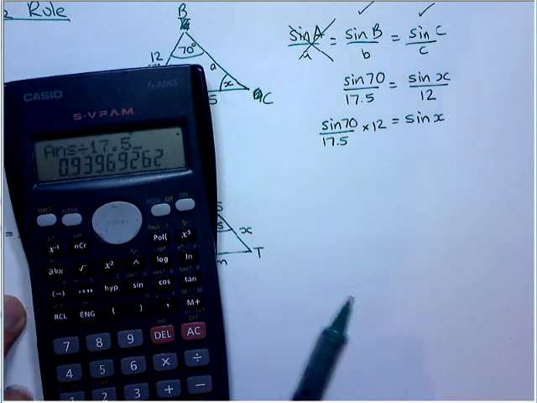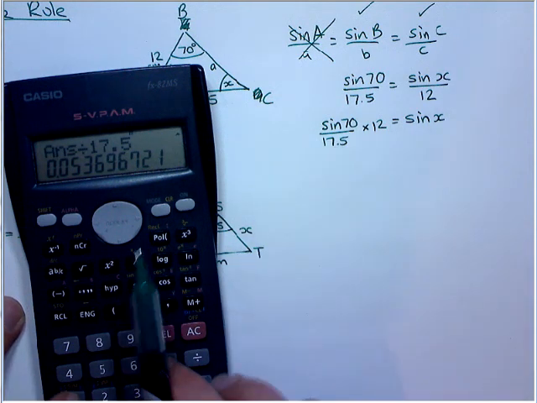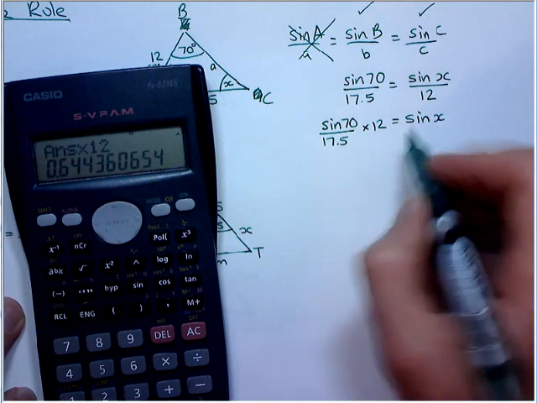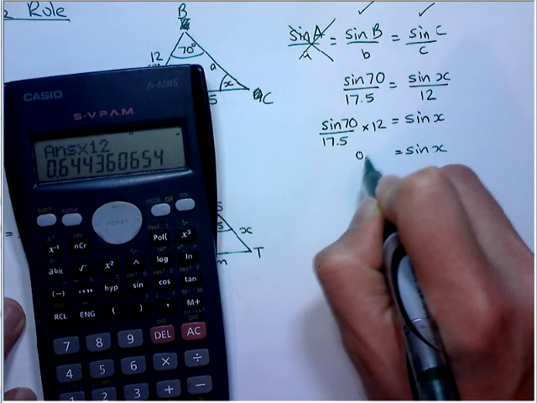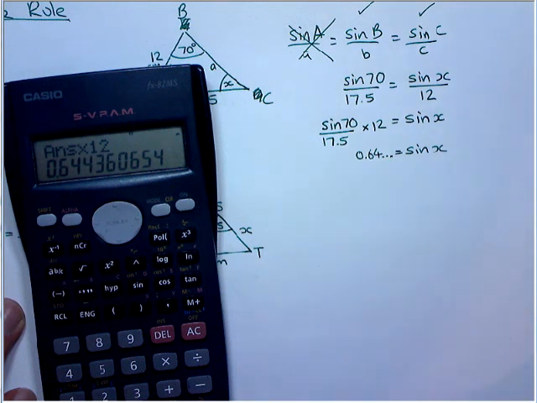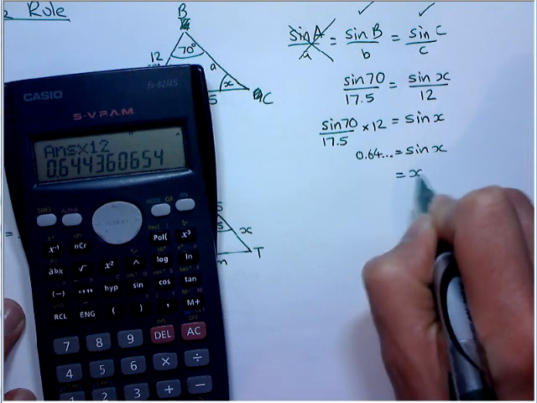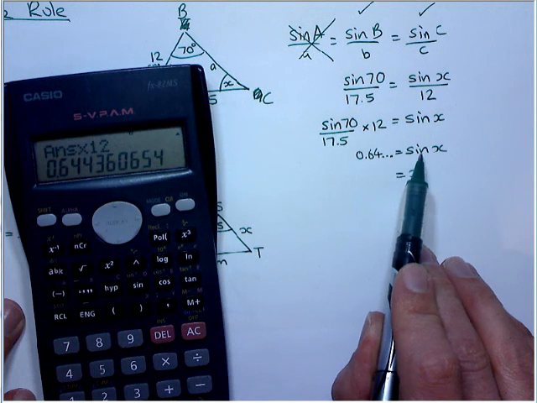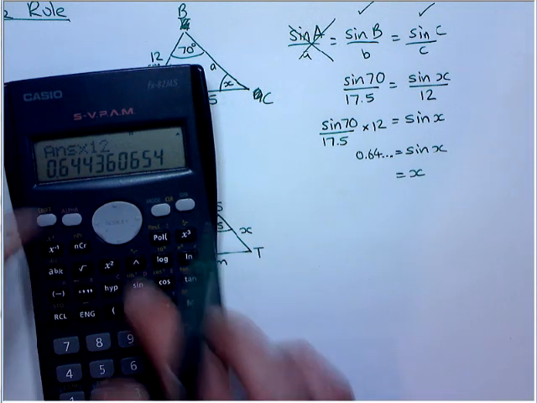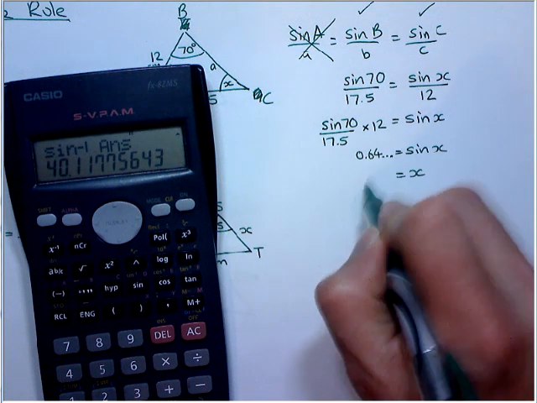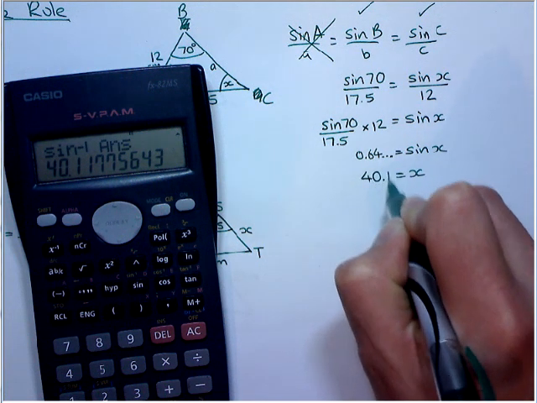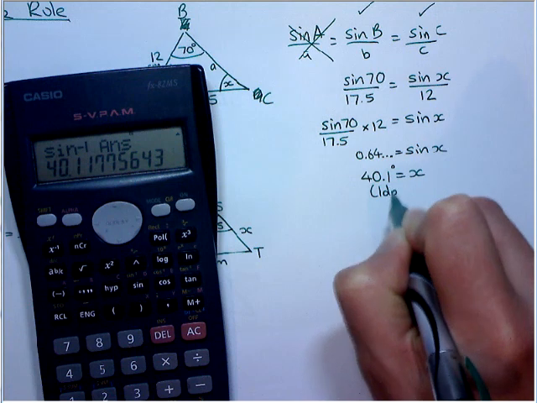Divided by 17.5, hit equals again, and then I'm going to times that by 12. So my sine of X is 0.64 and so on. Again I need to get X on its own, so I need to do the inverse of sine to get rid of it, which is shift sine of my previous answer, and I will get 40.1 degrees to 1 decimal place.